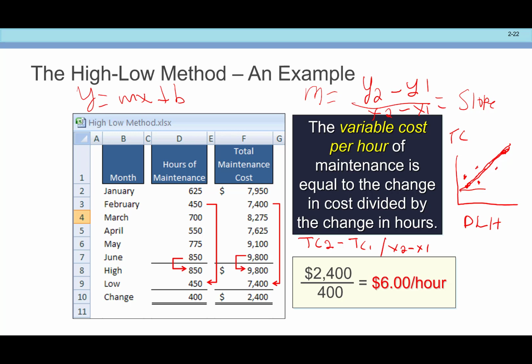Okay, but let's just take a look at this very basic method. Just pretend this is the total overhead cost and the number of direct labor hours, and they track those month by month here. So on this side of the accounting house, I have my people that keep track of direct labor hours.